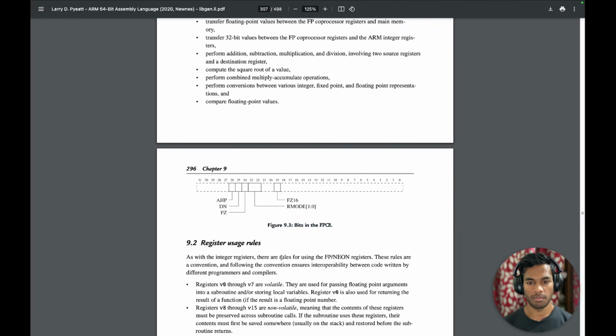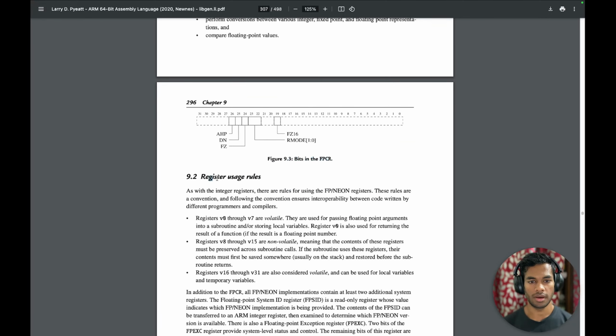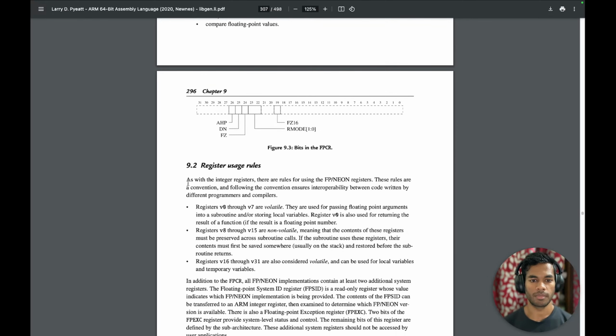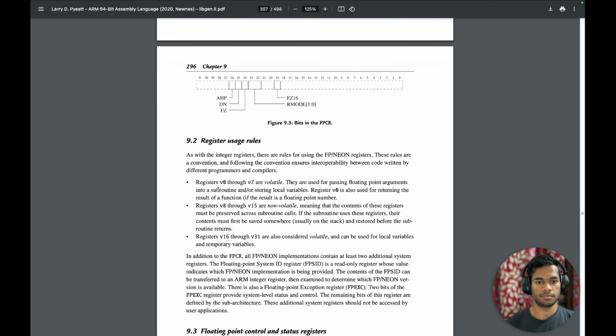Register usage rules. As with the integer registers, there are rules for using FP registers. These rules are a convention, and following the convention ensures interoperability between code written by different programmers and compilers.